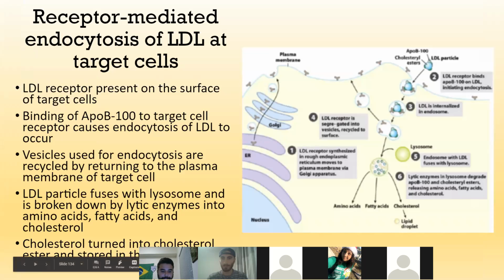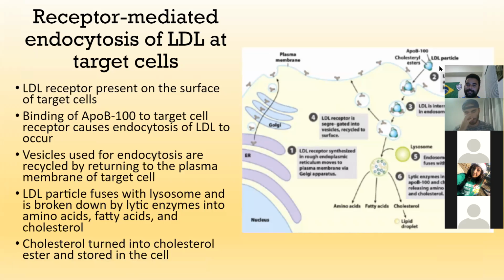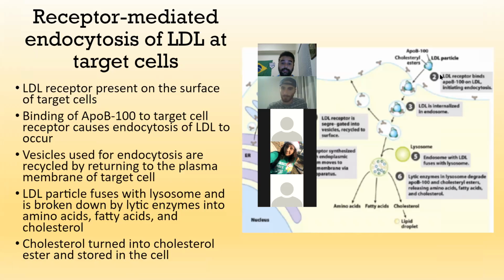So for the receptor mediated low density lipoprotein pathway, this is actually a really cool receptor and pathway. As you see here, our low density lipoprotein, as we know, has the ApoB 100 apolipoprotein attached around the big region of the lipoprotein, right? And it's going to attach itself to the receptor of a cell. Okay, and this is going to initiate an endocytosis pathway.